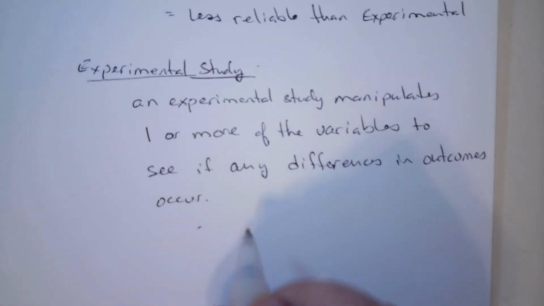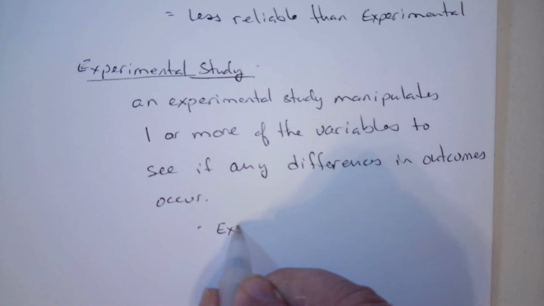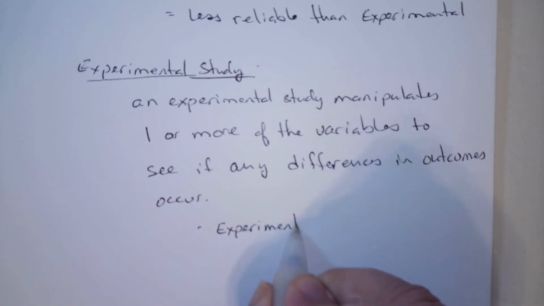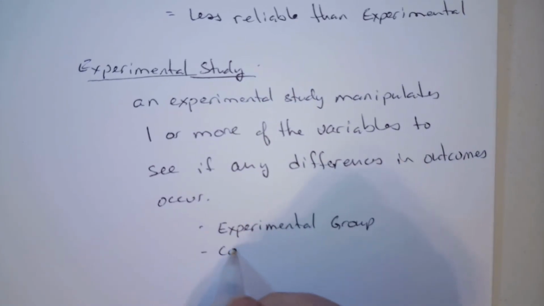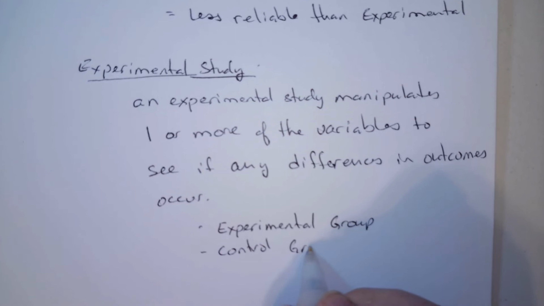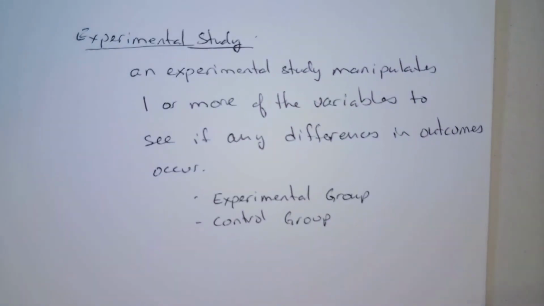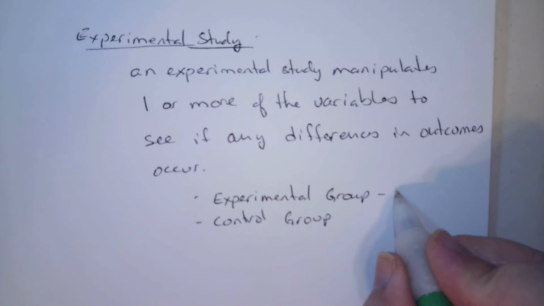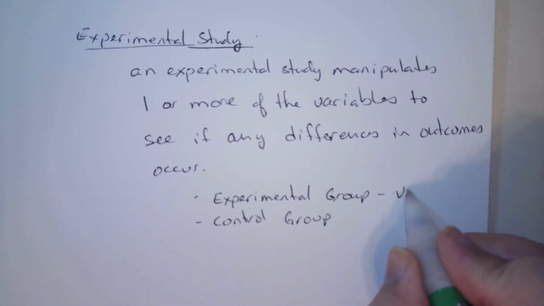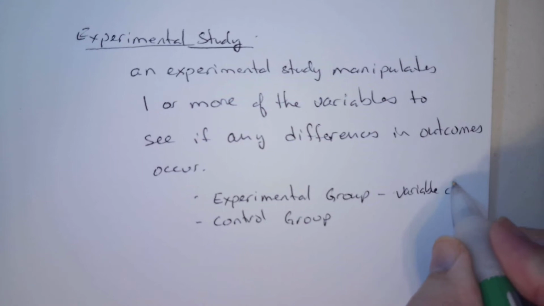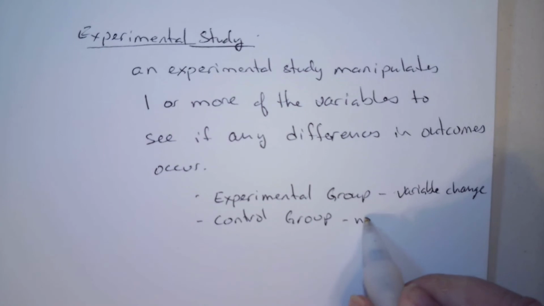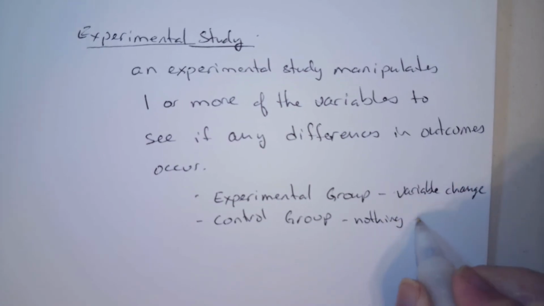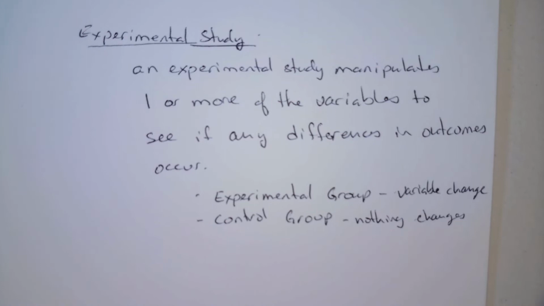In experimental studies, you usually have an experimental group and you have a control group. So the experimental group is the one where a variable changes. And in the control group, nothing changes. It's let it go as it normally goes.